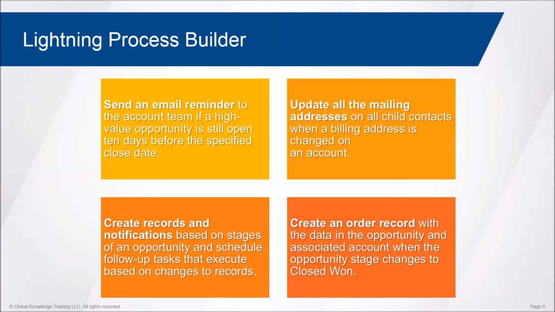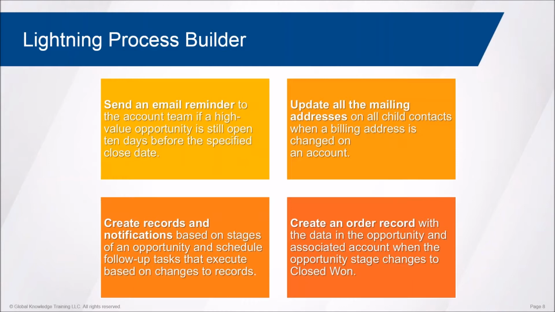Moving on to the next one, we can update all addresses on child contacts when a billing address is changed on an account. What that means is in Salesforce we have accounts and we have contacts. Accounts are usually the organizations or corporations that we do business with, and the contacts are the individual people who work for those corporations or organizations.